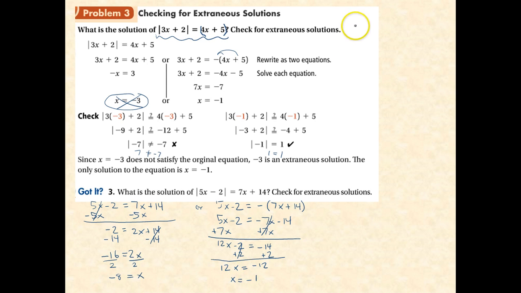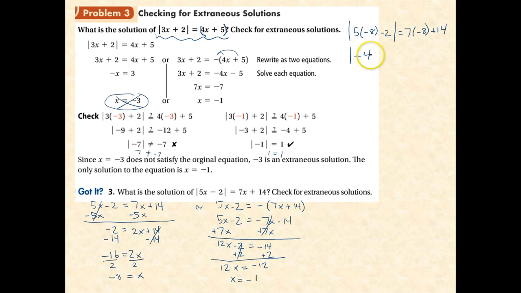My original equation was the absolute value of 5x minus 2 equals 7x plus 14. So I'm going to check the negative 8 first. 5 times negative 8 is negative 40.